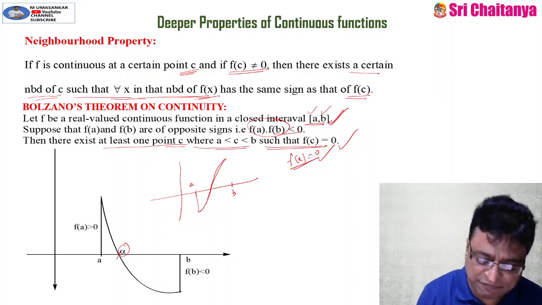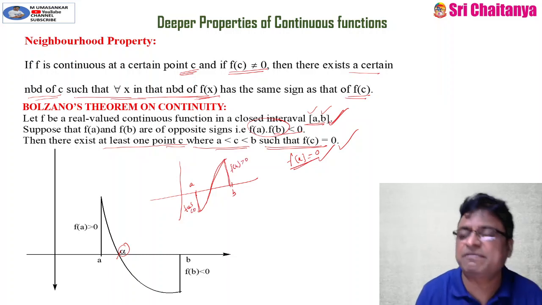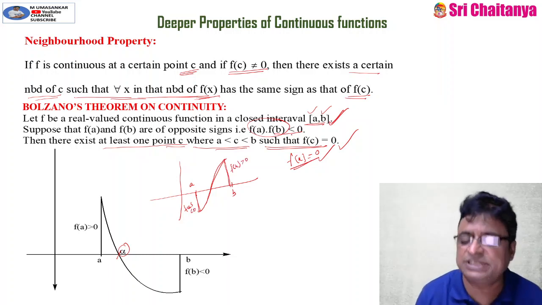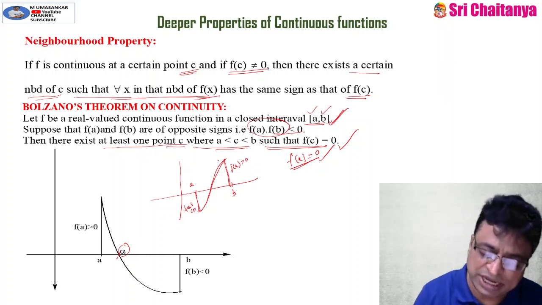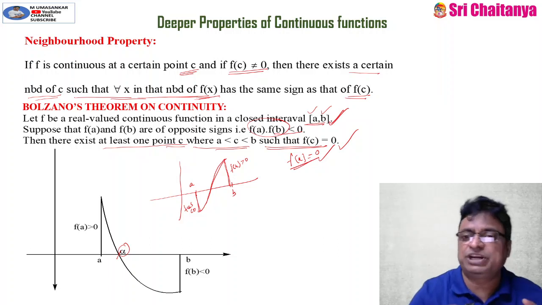This is f of a, which is negative, below the x-axis. This is f of b, and it is above the x-axis, positive. So f of a into f of b is negative, which satisfies this condition. No breaks, and at the endpoints one is positive and one is negative.